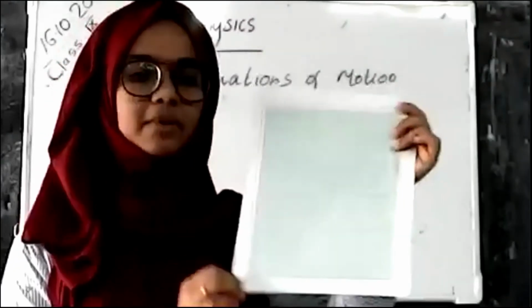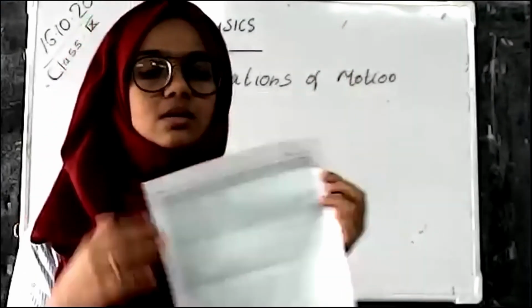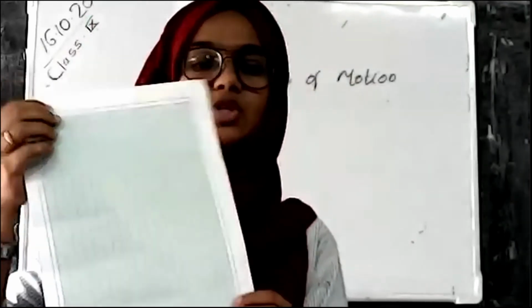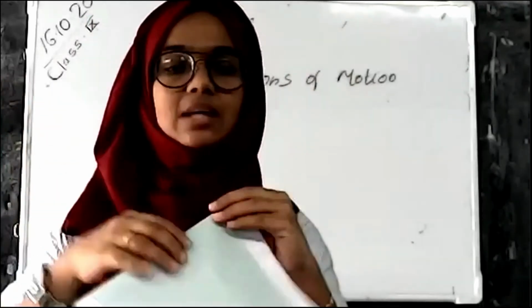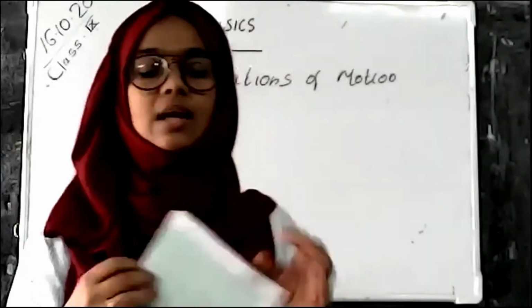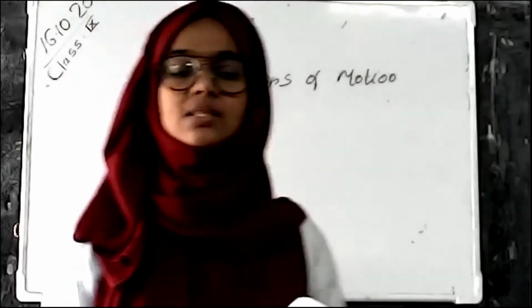This is a graph paper, and graph paper has many small squares, and inside each of these squares there are many other minute lines. Can you see this? A graph paper or graph has axes, the x-axis and the y-axis.